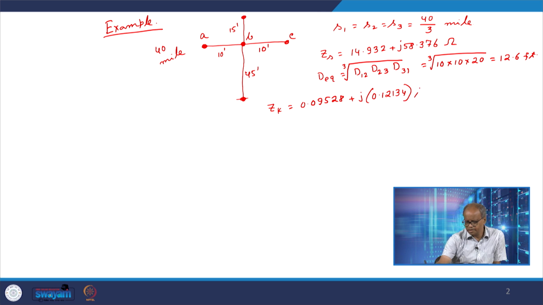Log of De was 2790 divided by 12.6, multiplied by S, so it is multiplied by 40. If I do this calculation, it turns out to be 3.812 plus J 26.211 ohm.